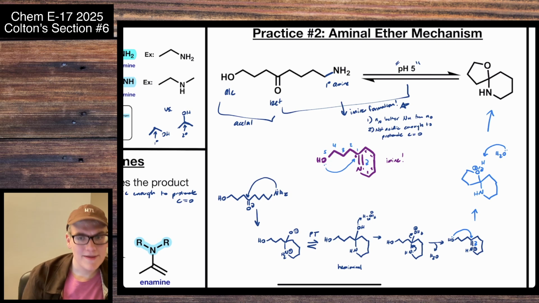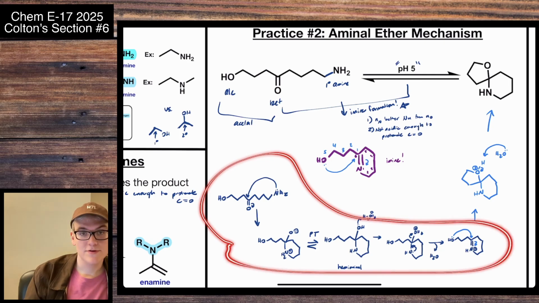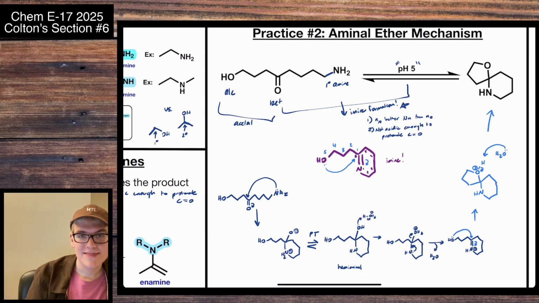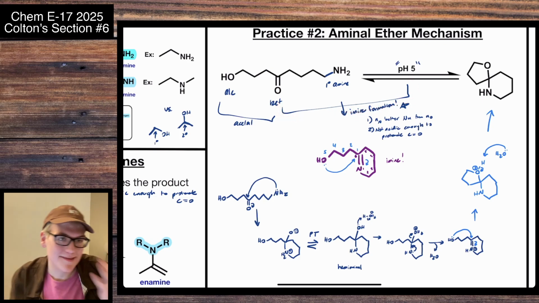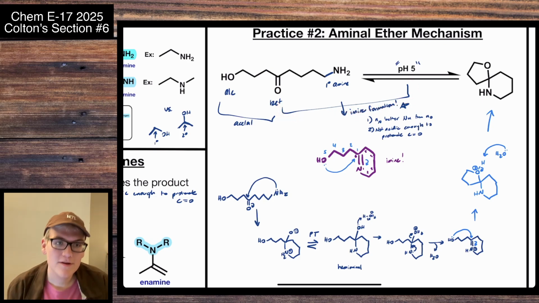So I know I did that rather quickly, but all of these curved arrows in blue are straight up verbatim copying from the lecture or section notes. Again, the challenge should not be memorizing the steps. That's something that we have to do, and that's part of what makes it hard.